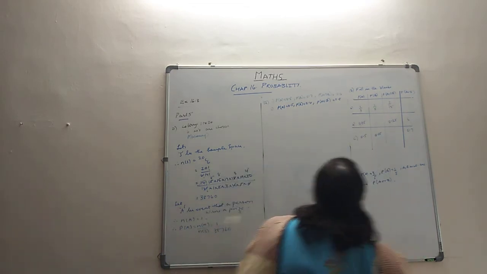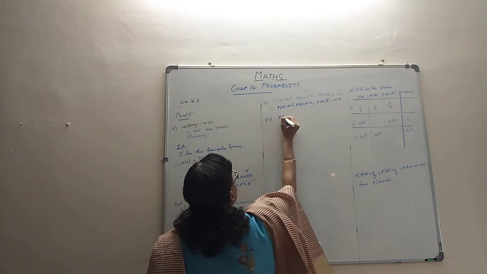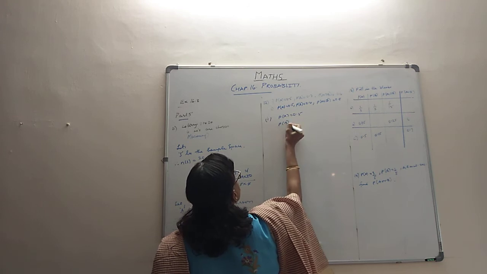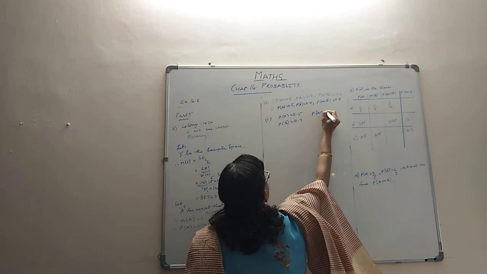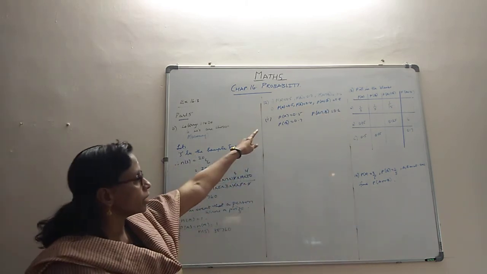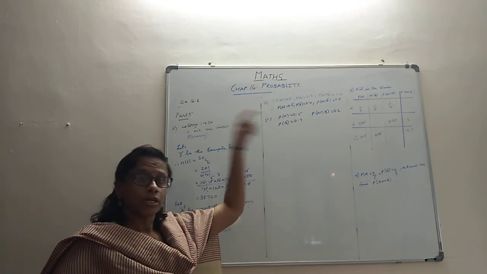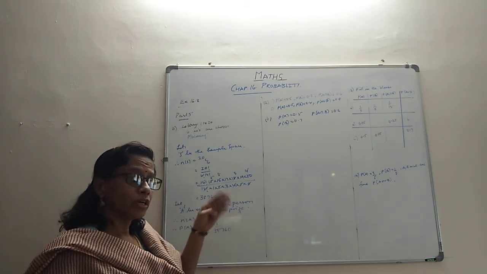So let's look at the first subpart. What does it say? Probability of A is 0.5, probability of B is 0.7, and the probability of the A intersection B, the smaller one, is 0.6. That's not possible, because the probability of A is less than the probability of A intersection B. That should never be the case, because the probability of A intersection B should be less than or equal to the probability of the individual set.